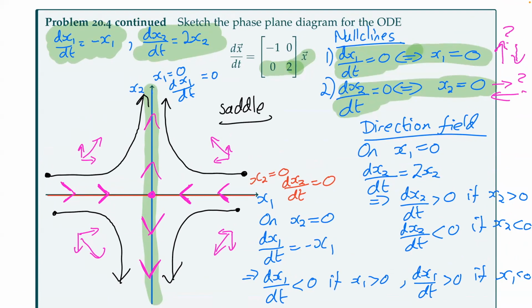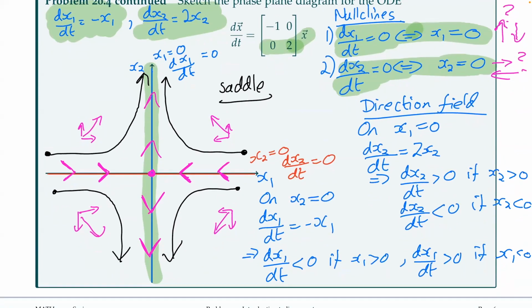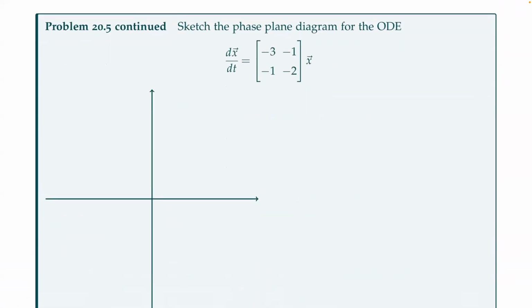We find our nullclines and then we look at the direction field on those nullclines. Okay, so it's more complicated in those cases, but learn the basics here using these systems. Key thing, find your nullclines, then think about on each of those nullclines, what is happening to your other variable? When is it positive? When is it negative? Okay, we've gone through that in quite a bit of detail.